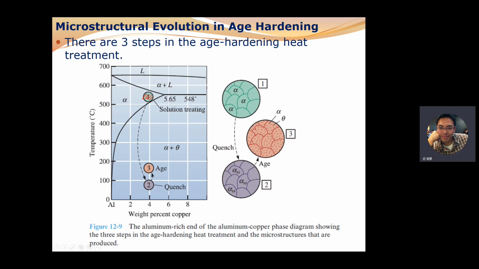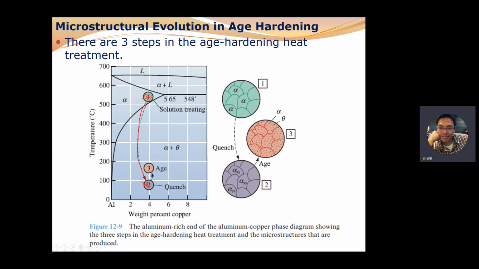Therefore, if we want to age harden this alloy, the process is to decrease the temperature to point 2 rapidly. So what is this process called? It's quenching, right? Therefore, from point 1 quenching to point 2, what's the phase we form?